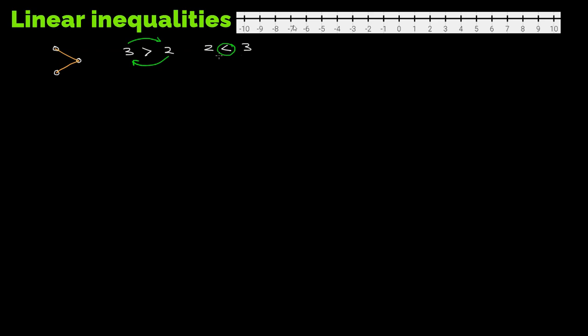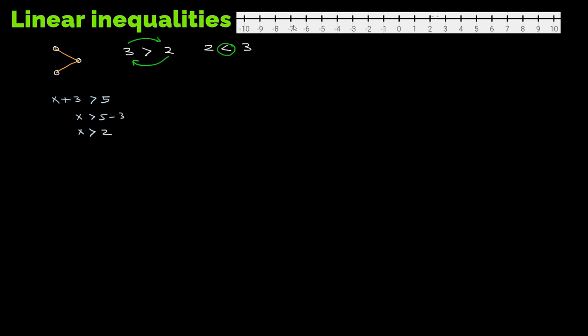Now I want us to go through quick examples so that we grasp the concept and its application. x plus 3 is greater than 5. All we have to do is subtract 3 from both sides and we get x is greater than 5 minus 3. Therefore x is greater than 2.